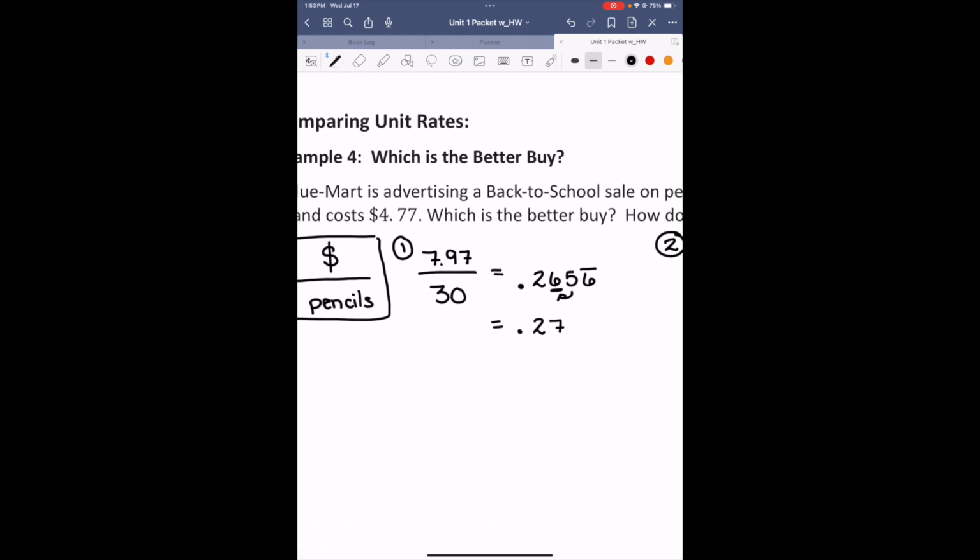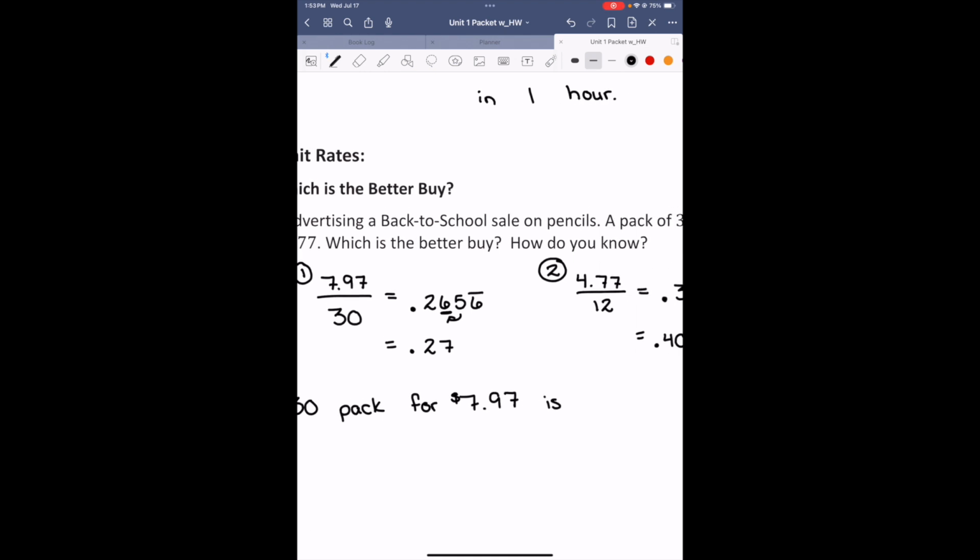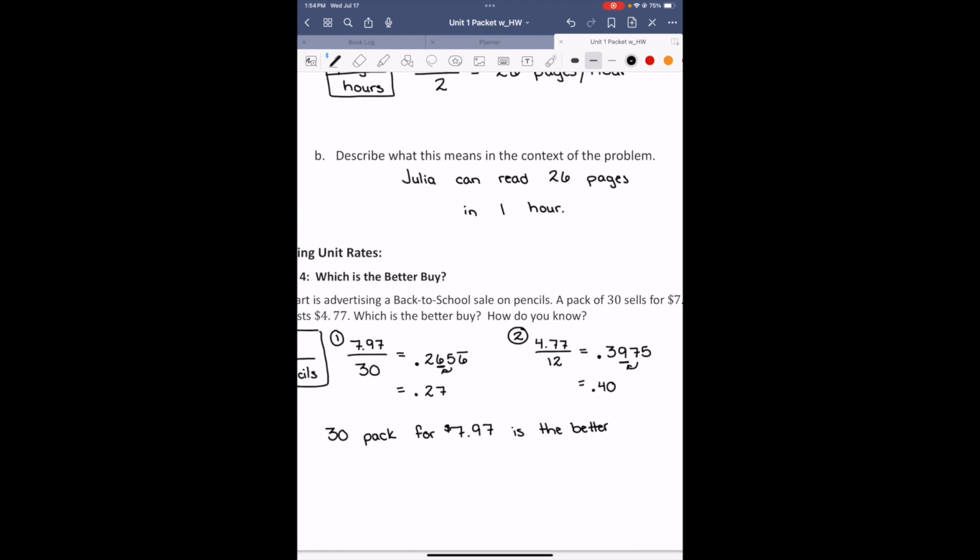So that means that the 30 pack for the $7.97 is the better buy, and we're explaining, and it's asking us how we know.